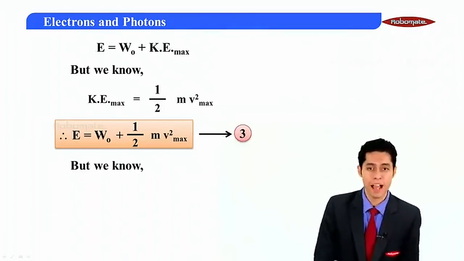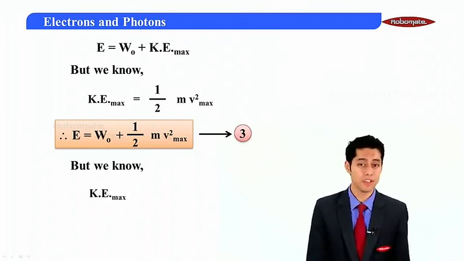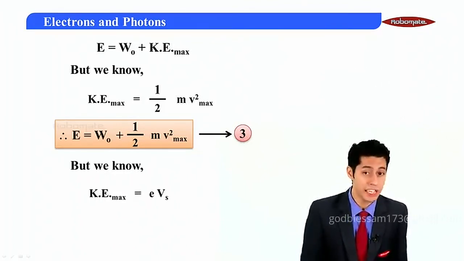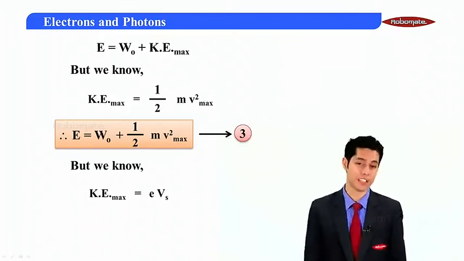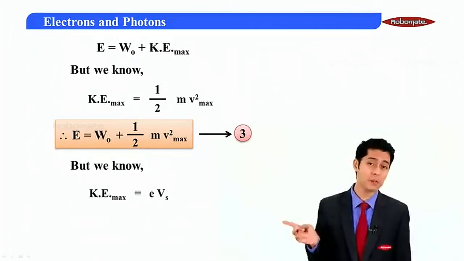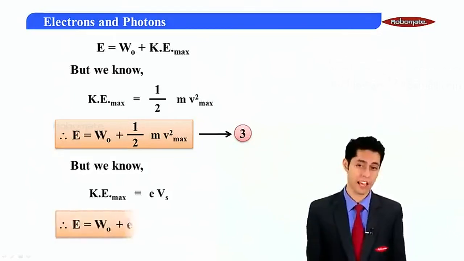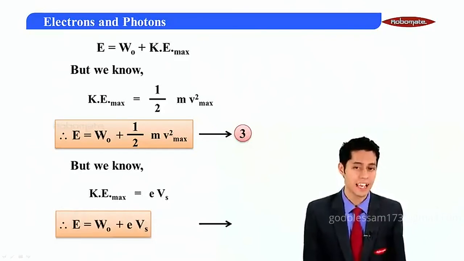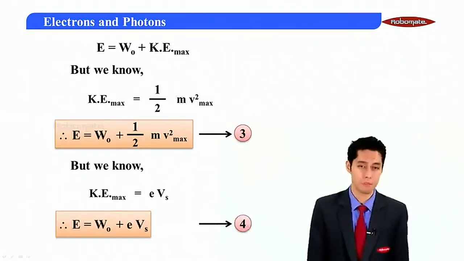I again come back to the parent equation, where kinetic energy maximum can also be written as e into Vs, where e is the charge of the electron and Vs is the stopping potential. Substituting this, I get E equals W naught plus e Vs, and I mark this as equation number 4.